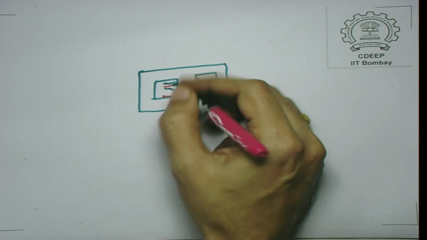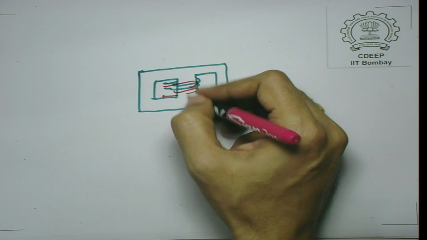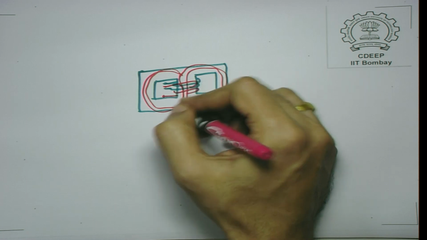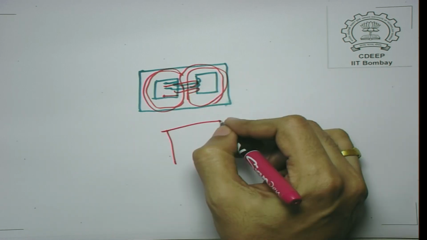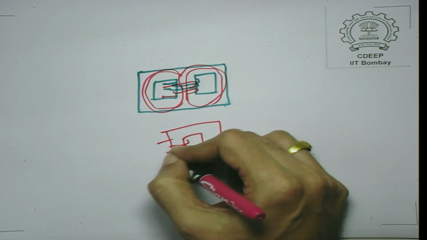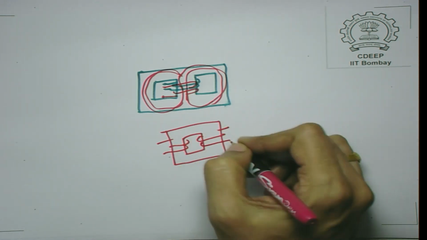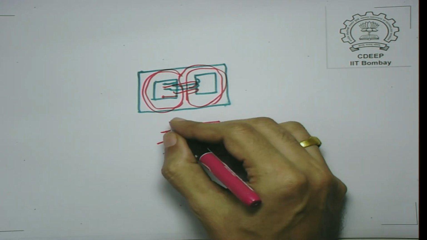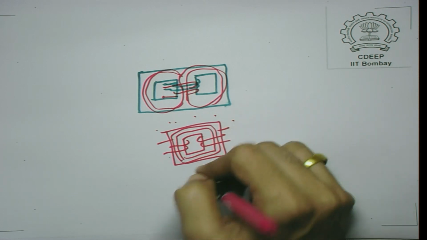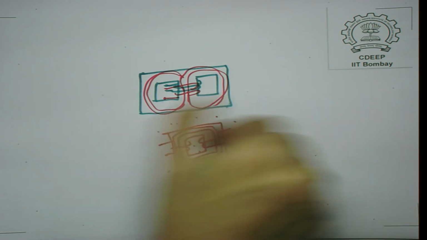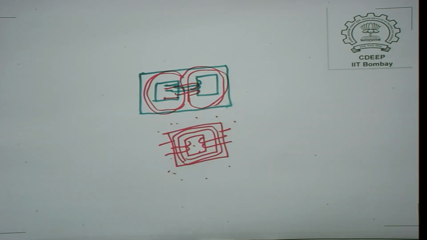Both the coils may be wound on the central limb, and the flux can flow in this fashion. Some time ago I had shown you a transformer with a single window, that is also feasible, and in this kind of transformer also you can have transformer action. So, the ferromagnetic core ensures that most of the flux is here, and much less flux is seen in the air. Okay. So, most of the flux flows in a tube which is defined by the ferromagnetic core shape.